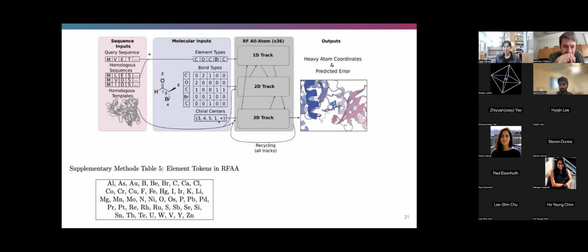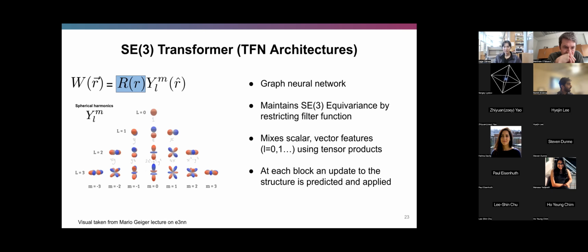How do you encode chiral centers into the model? A little bit of intuition: to create these 3D structures, we use a neural network architecture called the SE3 transformer. This is built on a line of work called tensor field networks.